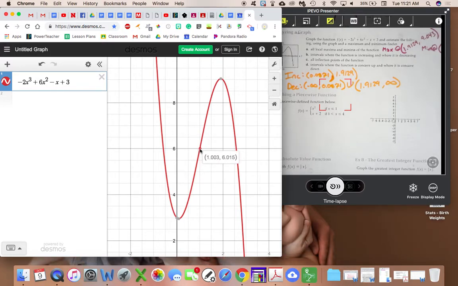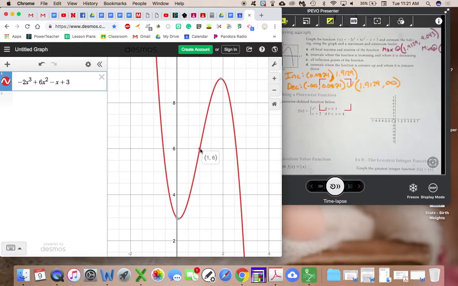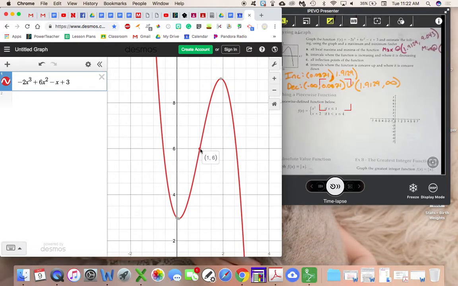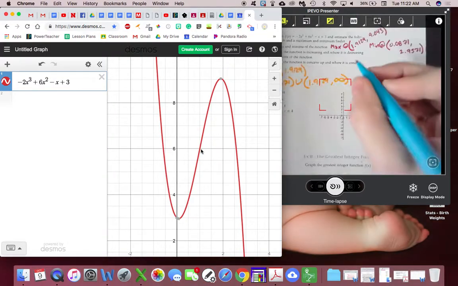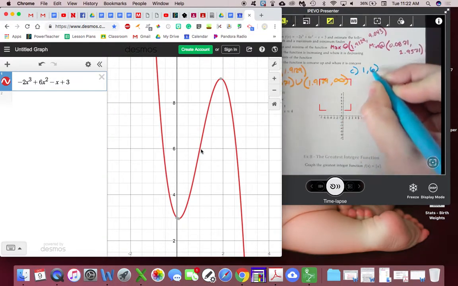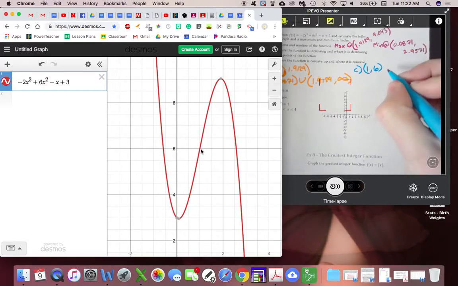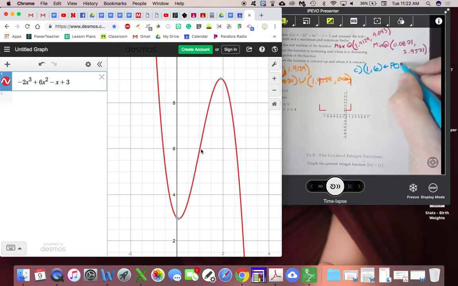We're just gonna say about halfway. Let's say our inflection point is 1, 6. Usually it's about the halfway point. Desmos doesn't go ahead and drop me a point. That's part C. 1, 6 is my inflection point, or the POI.